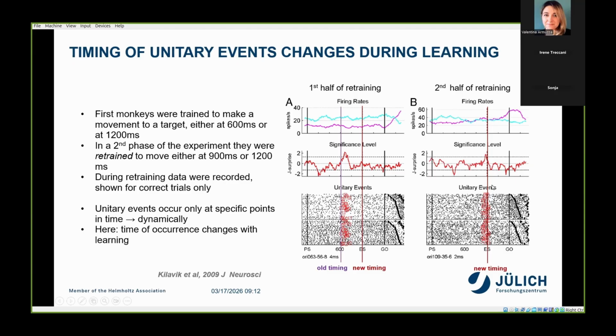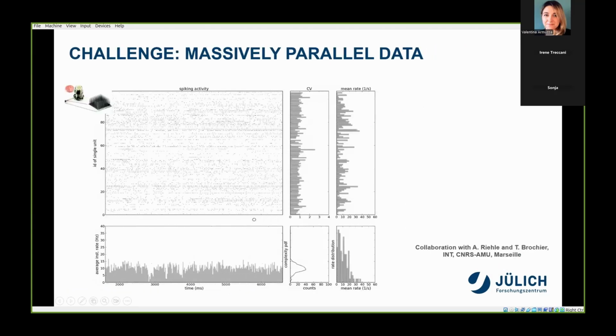So the network learned that he had to expect the go signal at a later time. So two things I wanted to tell you here: this excess synchrony is dynamically occurring, and it is also learned. Yeah. Now let's go a little bit further.